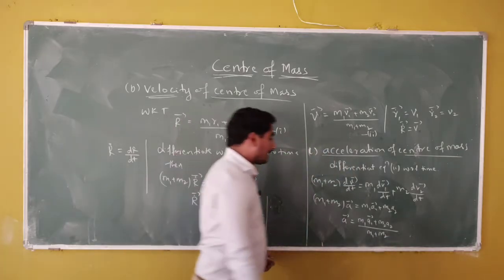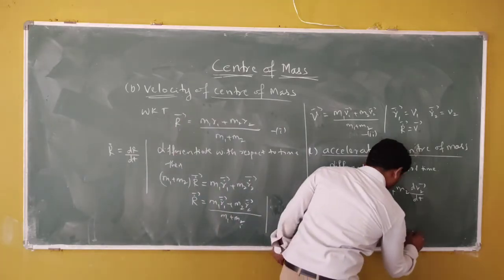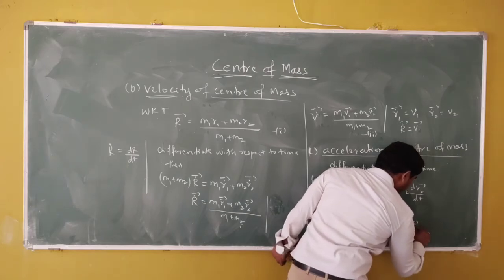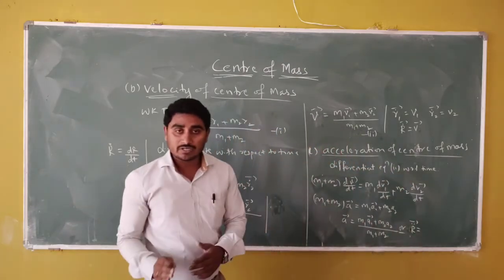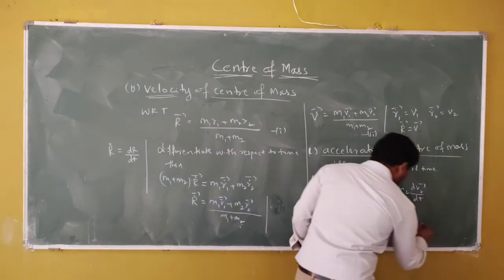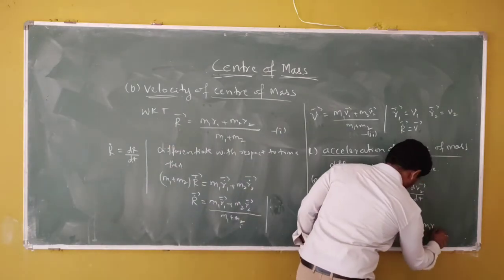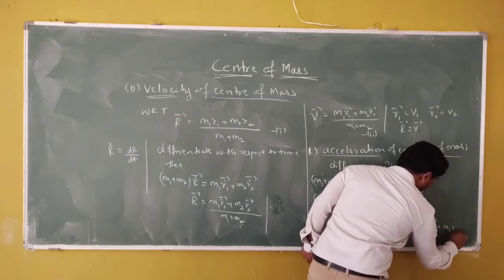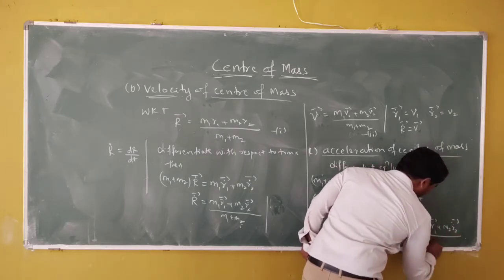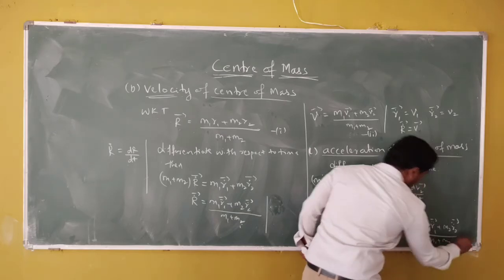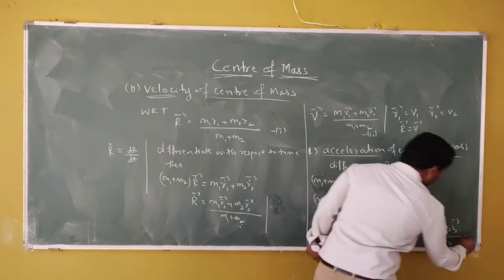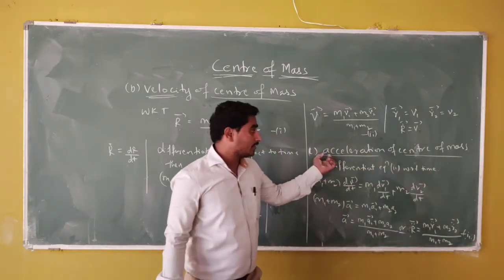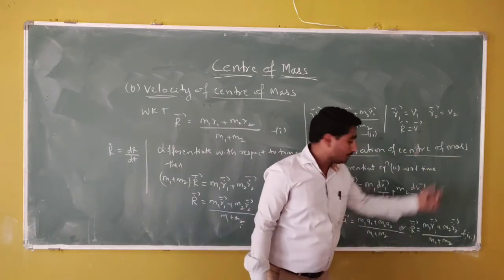Or we can write capital R double dot, which is the acceleration, equal to m1 r1 double dot plus m2 r2 double dot divided by m1 plus m2. This is equation number 3. This is the acceleration of the center of mass.